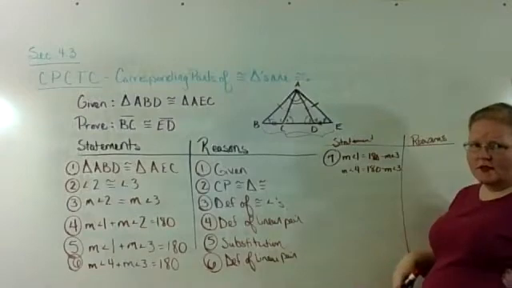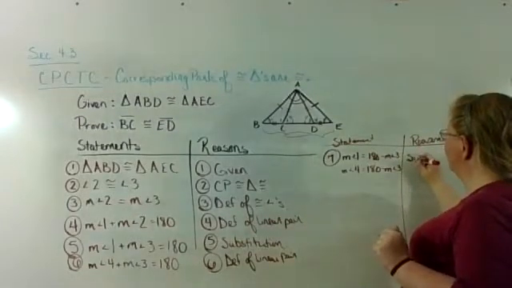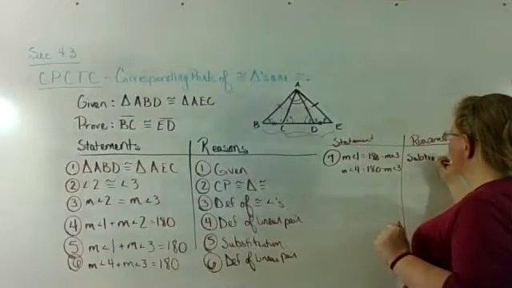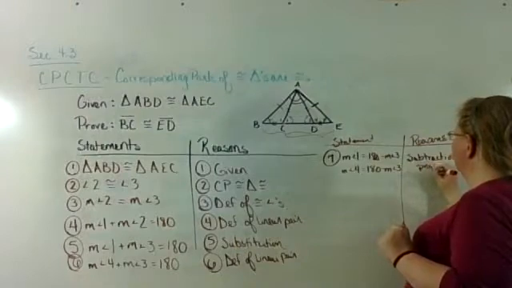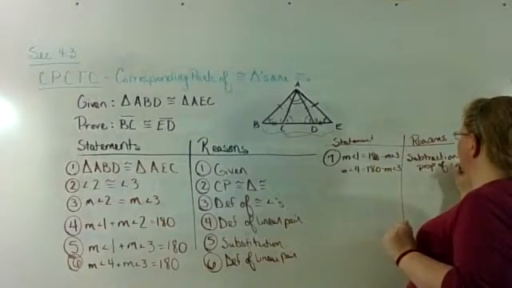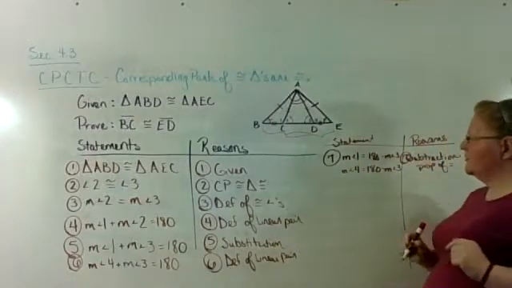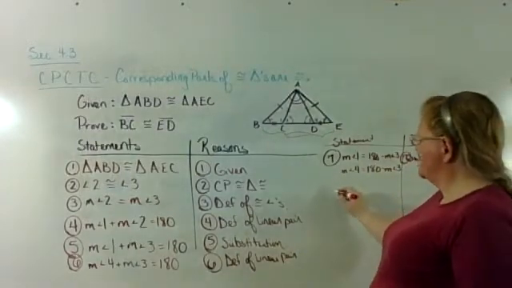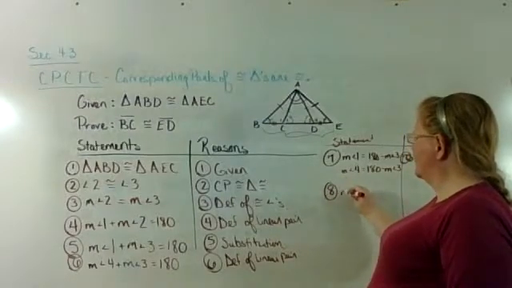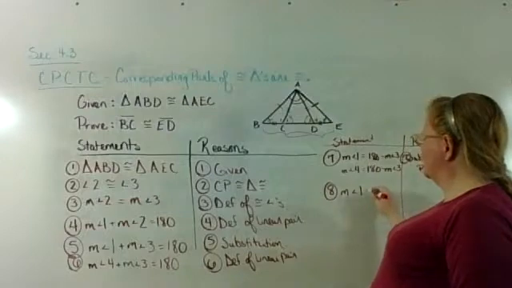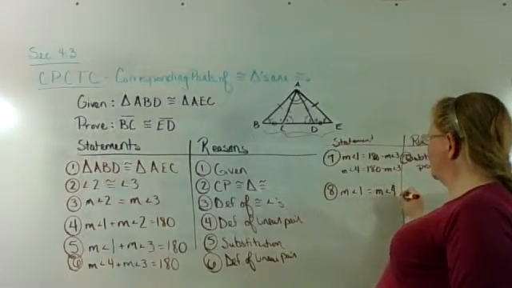I'm going to squeeze those in since they have the same reason, subtraction property of equality, for number 7. And then by substitution, I would get the measure of angle 1 is equal to the measure of angle 4.